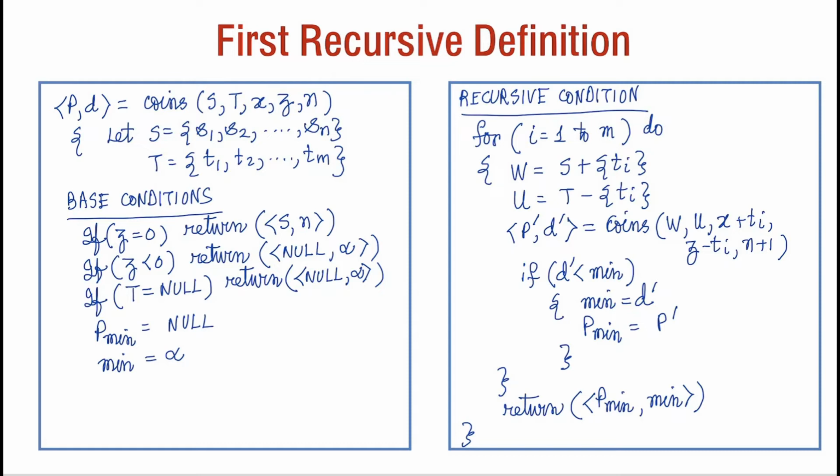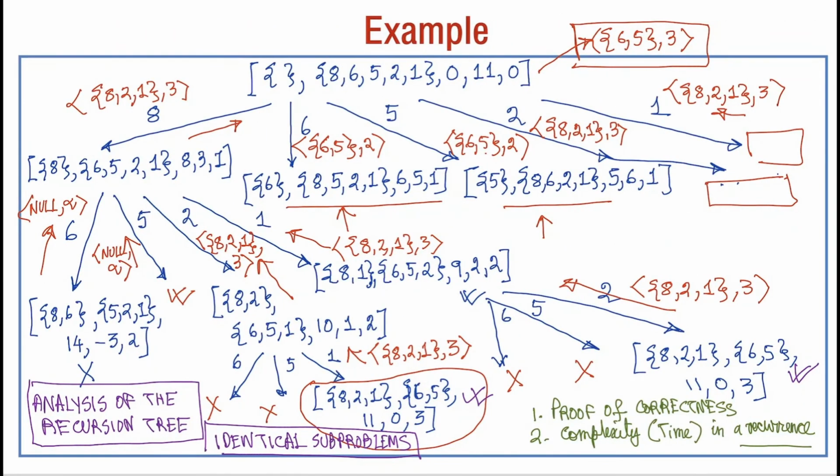The recursive definition that we had was, we are removing one element at a time from T and adding it to S. Now if you notice here, when we removed 8 here, then the 8, 6 combination came this way. The 8, 6 combination will also come from 6, 8.